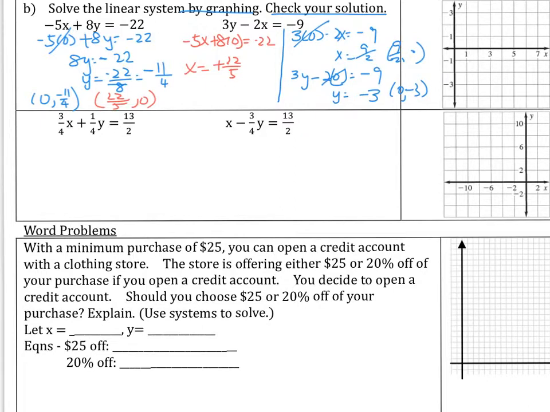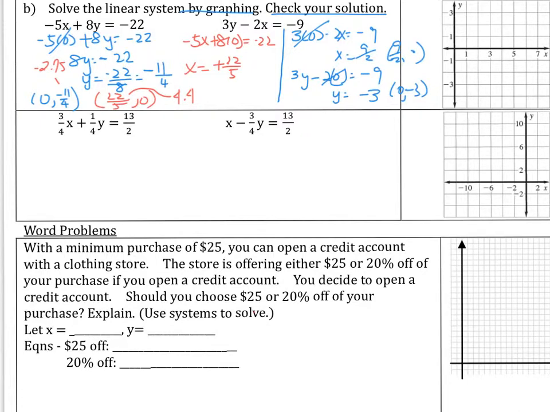Okay, so now I'm going to start graphing. Negative 11 over 4 is also equal to negative 2.75, and 22 over 5 is equal to 4.4, and this will make it easier for me to graph.